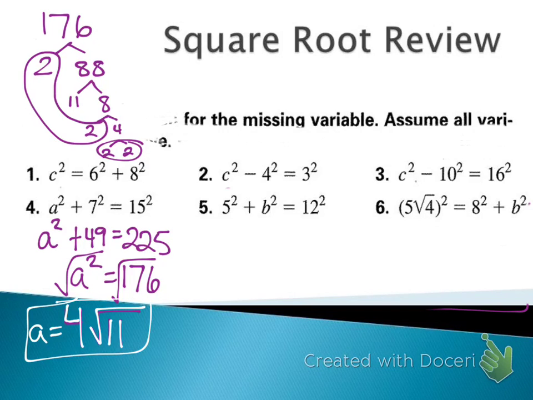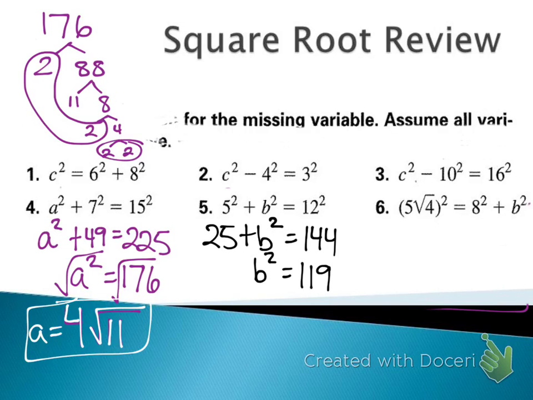On number 5, I need 5 squared. 25. What is 12 squared? To get b squared by itself, subtract 25. b squared equals 119.